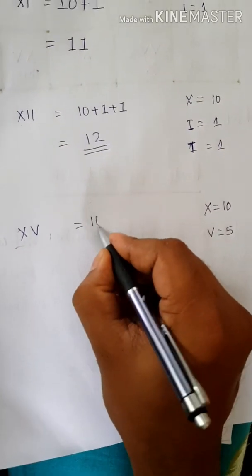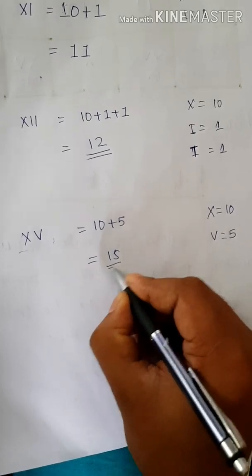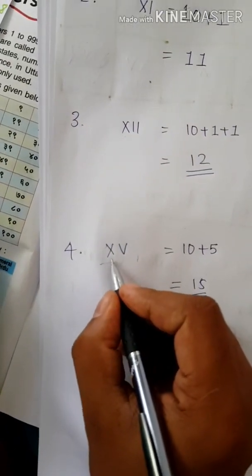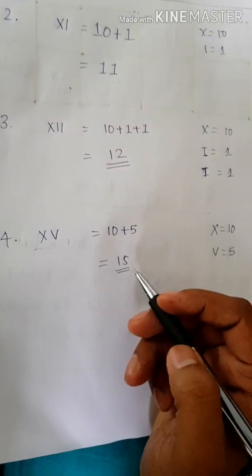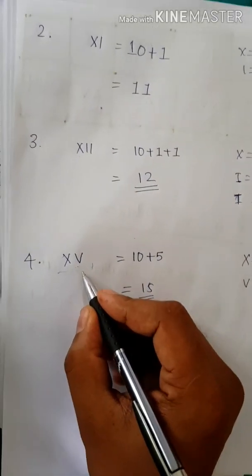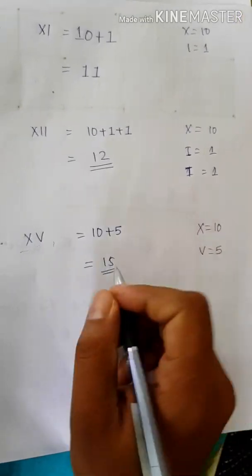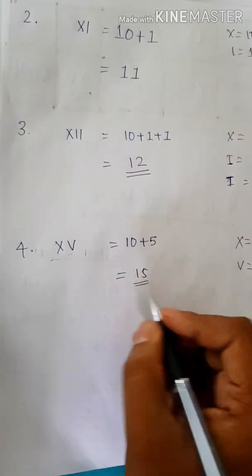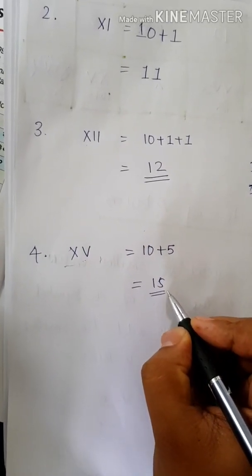So 10 plus 5 is equal to 15. Means the bigger number is first, and the smaller number is added to the bigger number. So we got the number: X stands for 10 and V stands for 5, 15 we got. X V is equal to 15.